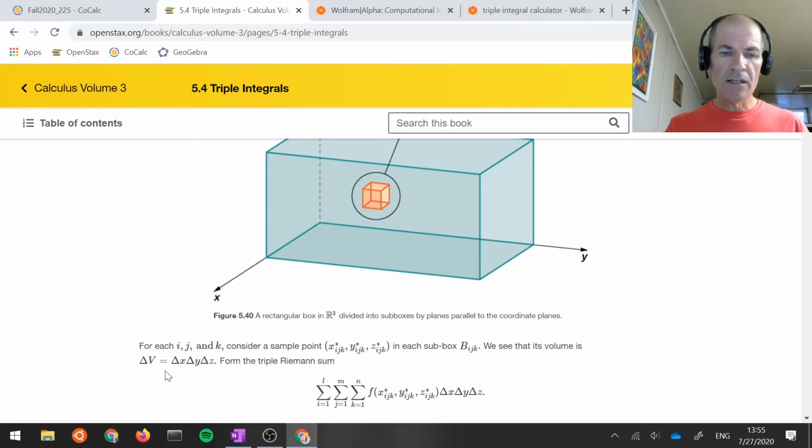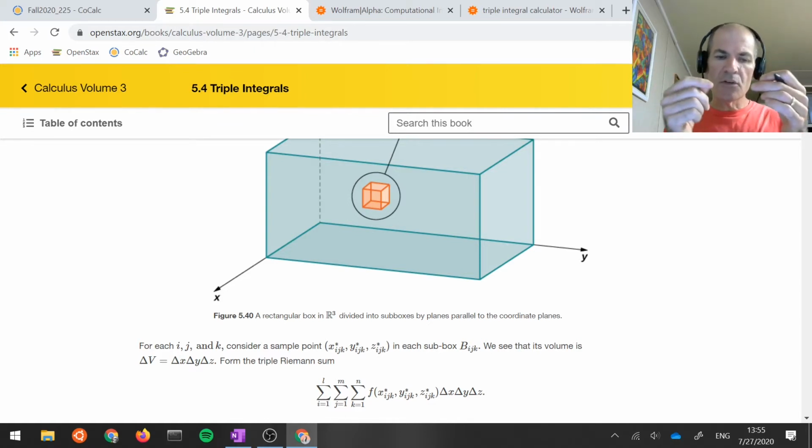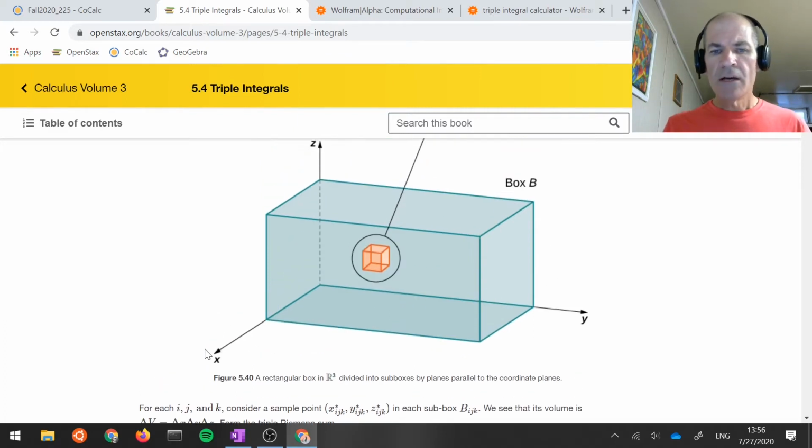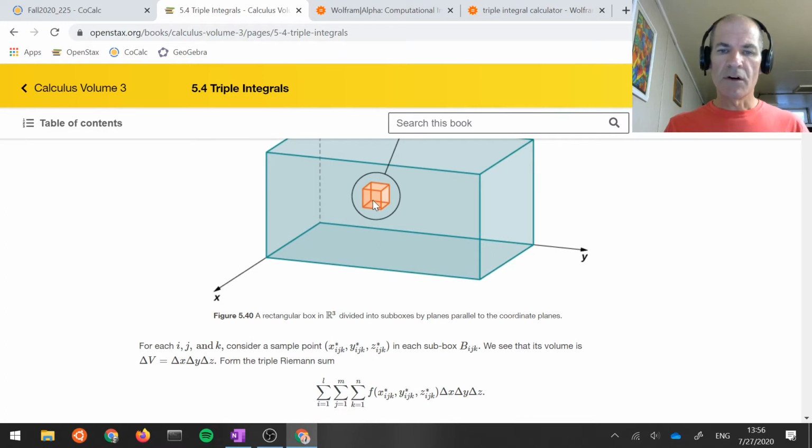And delta V is just a small length in the x direction times a small length in the y direction times a small length in the z direction, with the idea that we've chopped up this larger volume in the x direction, the y direction, and the z direction in some uniform way. And of course, the product of those little subintervals gives me the volume of a little infinitesimal delta V.